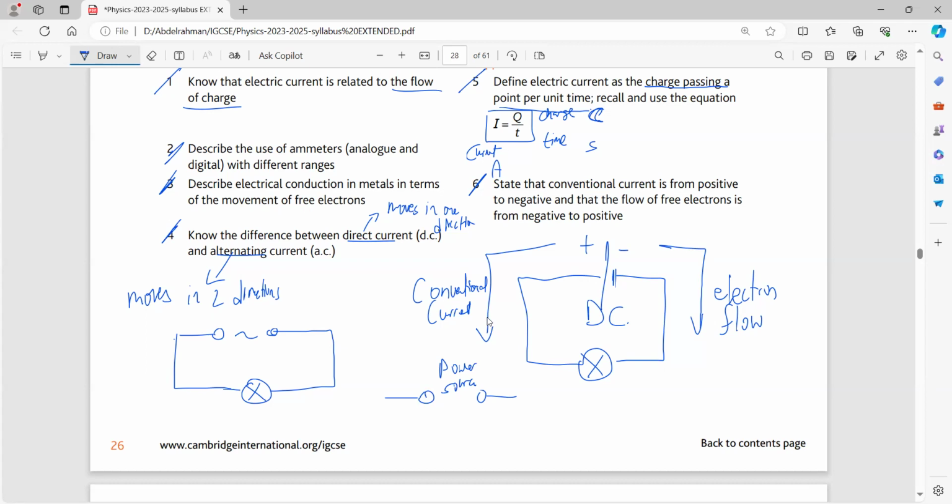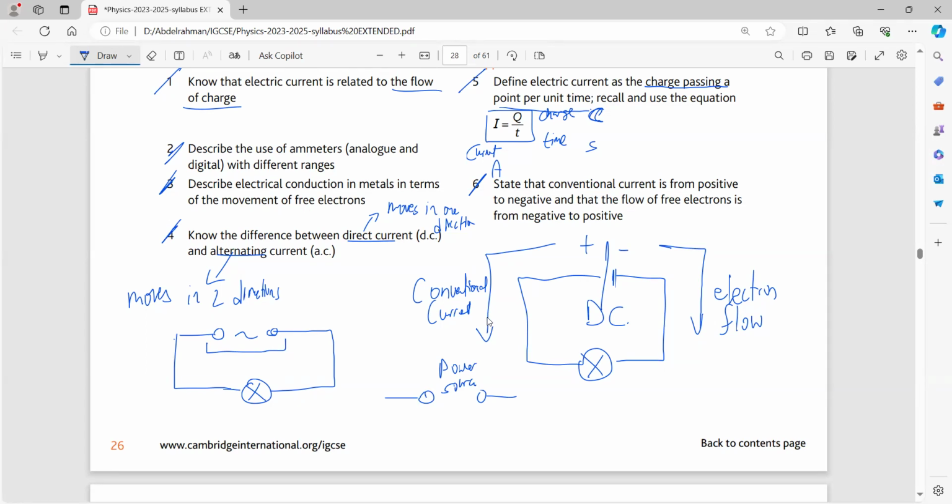How would we know? From the circuit, if you have a circuit, you have to have either this symbol which indicates an alternating current, or this symbol which is a battery or a cell which indicates that it's a direct current.